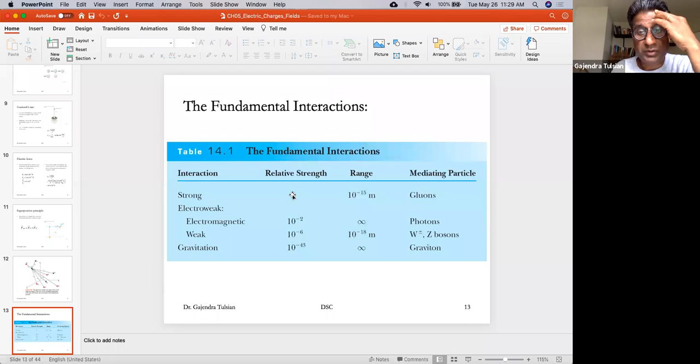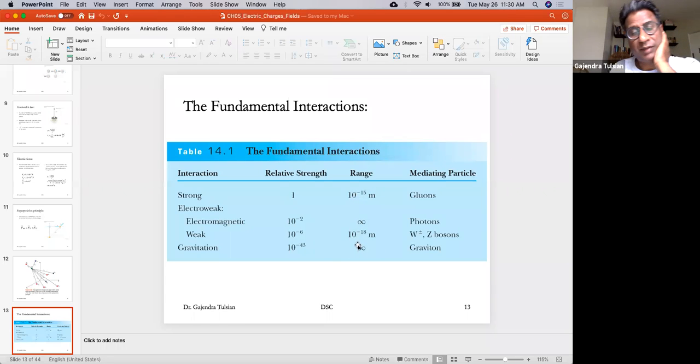Well, the strong force is very strong, except that its range is very small. It's 10 to the minus 15 meters. Okay. And the electromagnetic force has infinite range. And the weak force has a range even smaller than the strong force. It's 10 to the minus 18 meters.